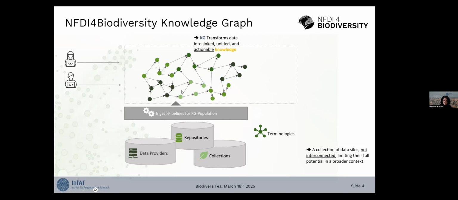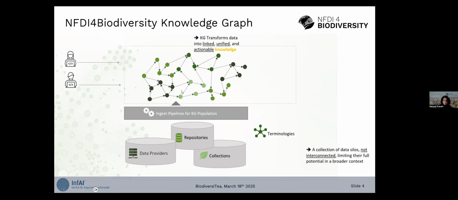For that, we can reuse existing terminologies or develop our own terminologies, and we have them in our terminology service, the BioDiv portal. For instance, until now we have 55 ontologies in the portal and up to 3 million classes already.